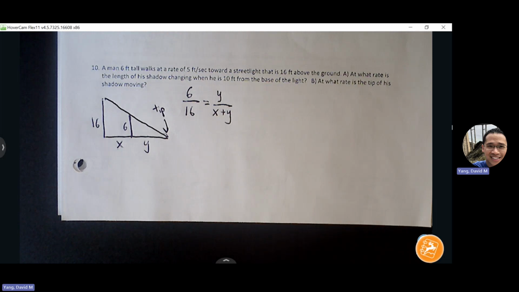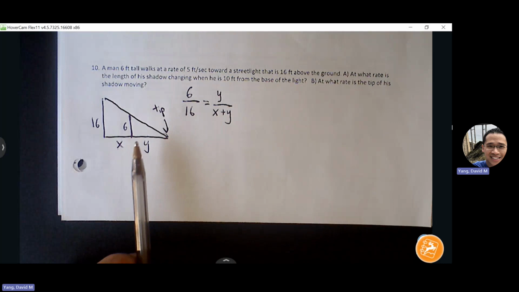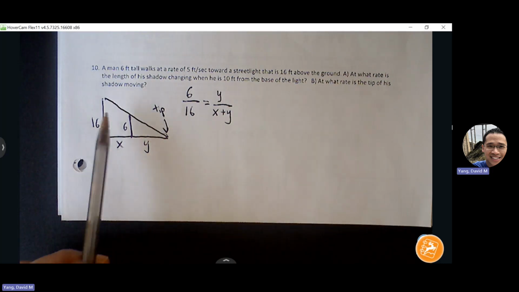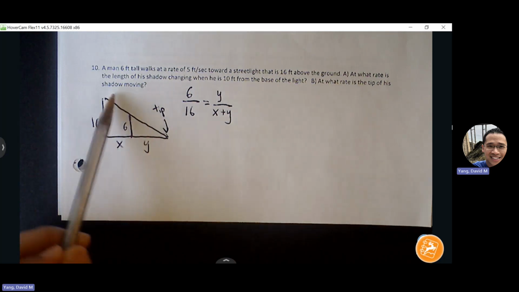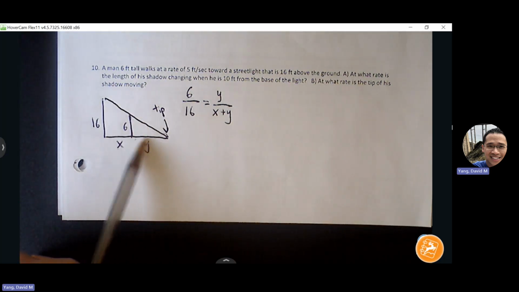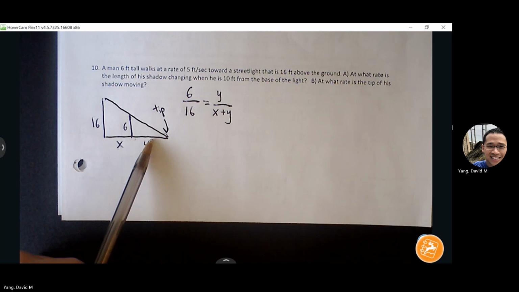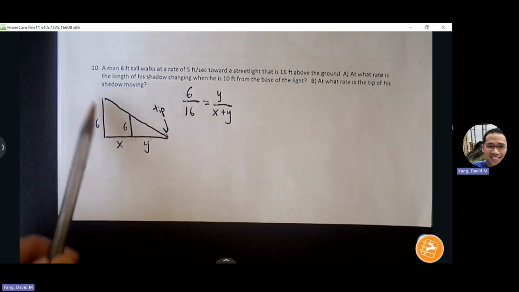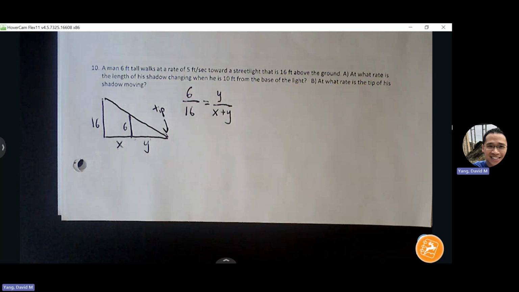It's not like he's moved closer, right? Rather than going straight down. I mean, if he's moving closer, it's still going to form a triangle. His shadow length is going to decrease, and it's still going to be a triangle within a triangle.